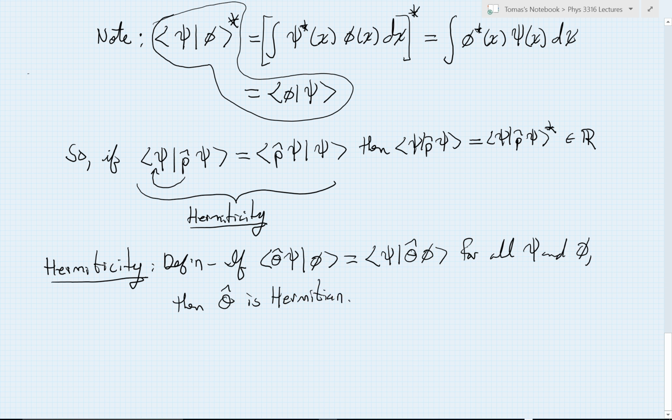And that the operator then has the property of hermiticity. And what we've proved then is, note, what we've shown is that for Hermitian operators, the averages are always real.